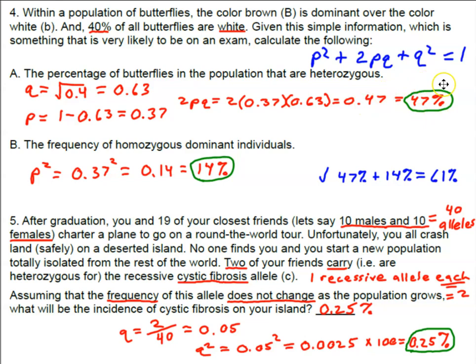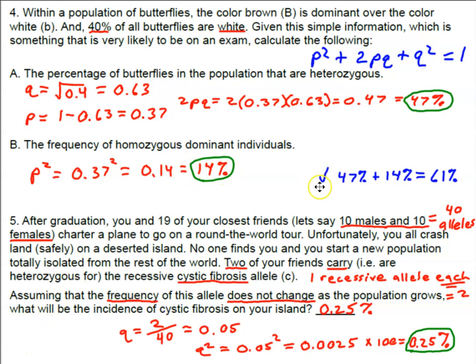We want to multiply by 100 and turn that back into a percentage, because that's how I like to express both genotypic and phenotypic frequencies in these kinds of problem sets. Then we're asked for the frequency of the homozygous dominant individuals, and that's simply p squared, which is 0.37 squared, which is 0.14, or 14%.